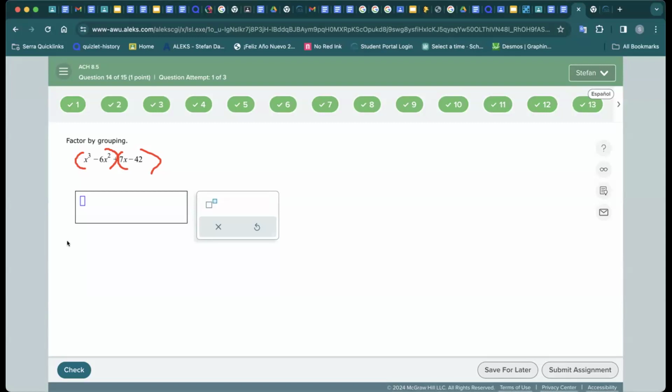So X is common. Yep. Okay. So figure out what to pull out. Be X.